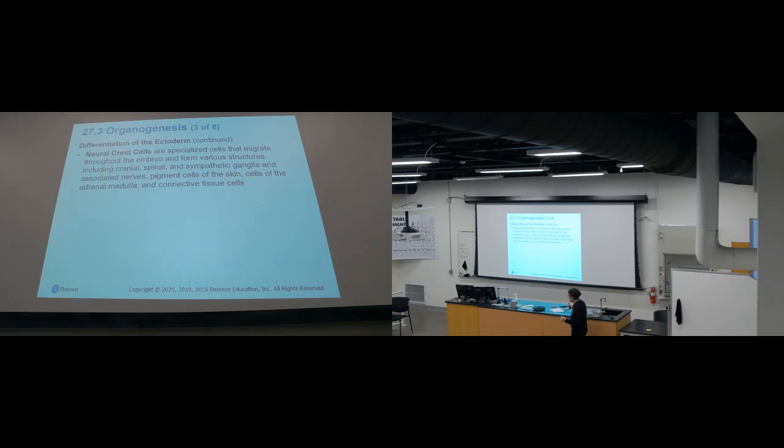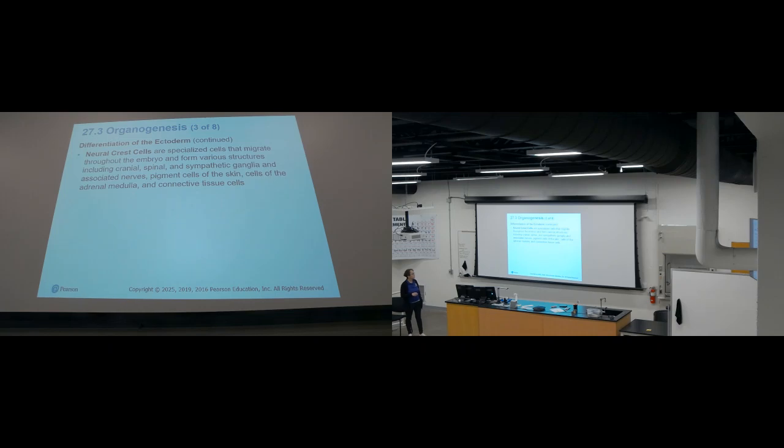Now, on the sides of the neural tube, we will have separate clusters of cells that are going to be called the neural crest cells. So these ones, they migrate into different regions, and they form the cranial, the spinal, and sympathetic ganglia and associated nerves. And in our skin, they're going to form the melanocytes.